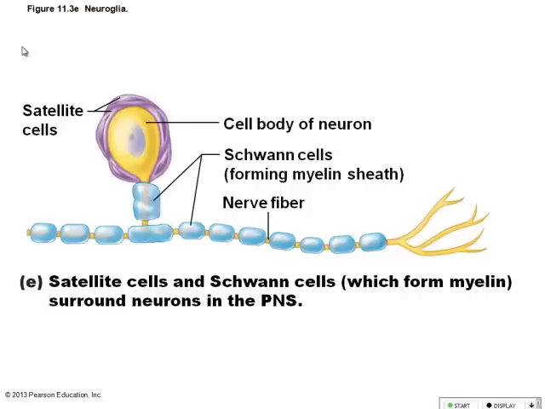Peripheral nervous system, we see Schwann cells. Schwann cells are going to help along with oligodendrocytes in the central nervous system. What do they provide for neurons? Begins with an I. Insulation support. They're going to help impulses go down those axons without leaking out the sides.